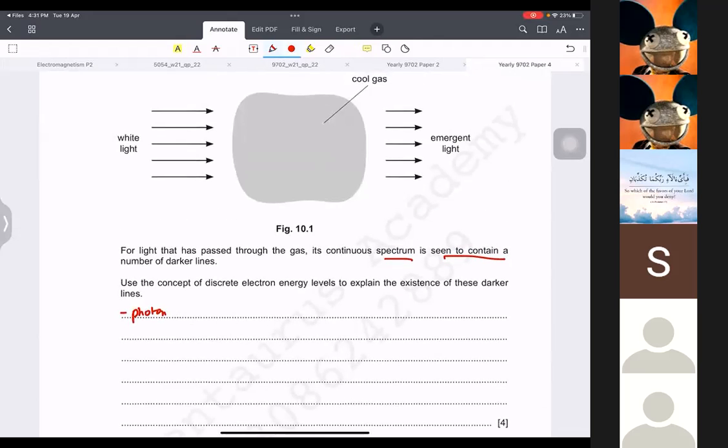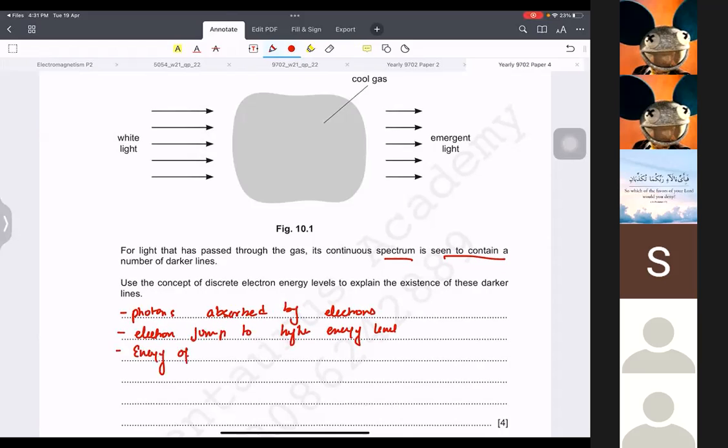Okay. Photons absorbed by electrons, right? Electrons jump to higher energy level. Okay.